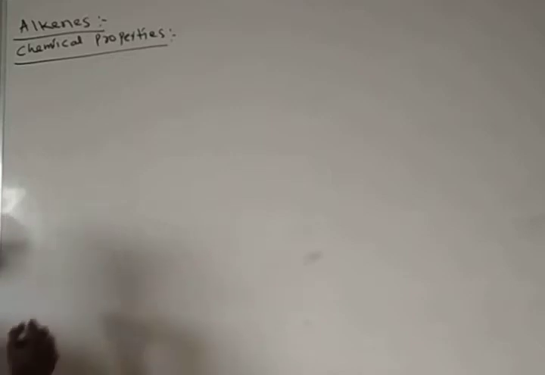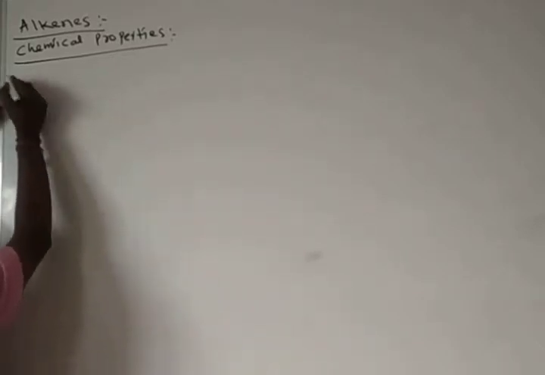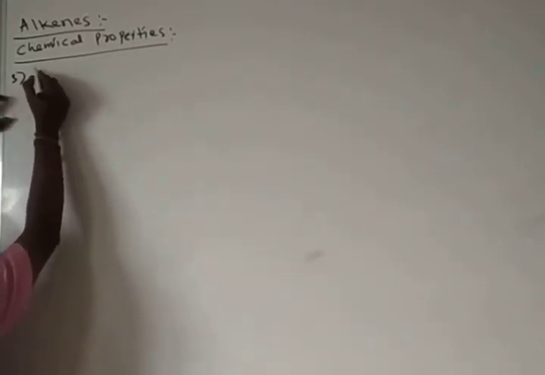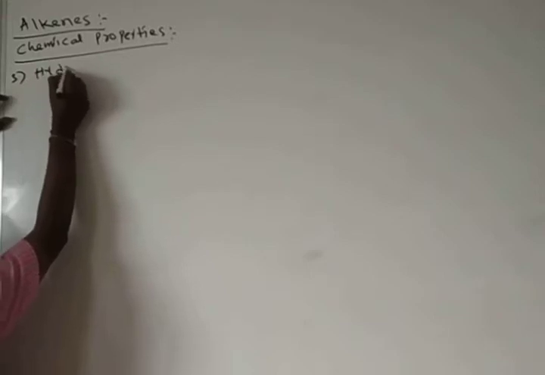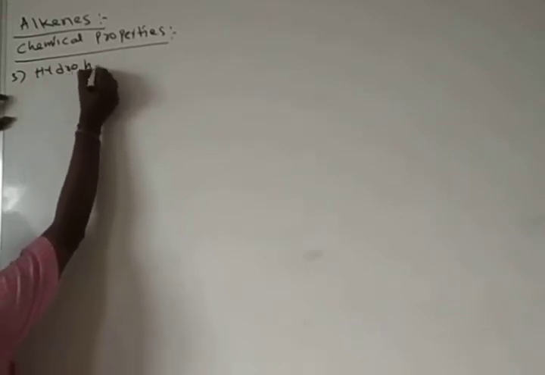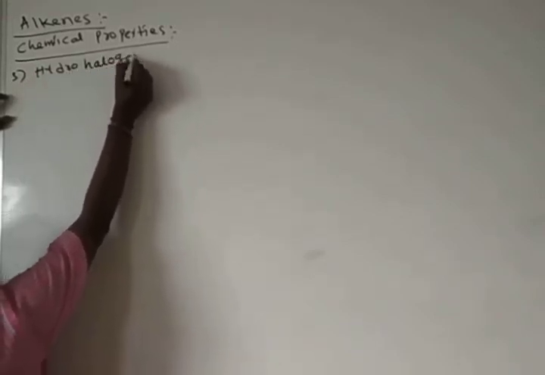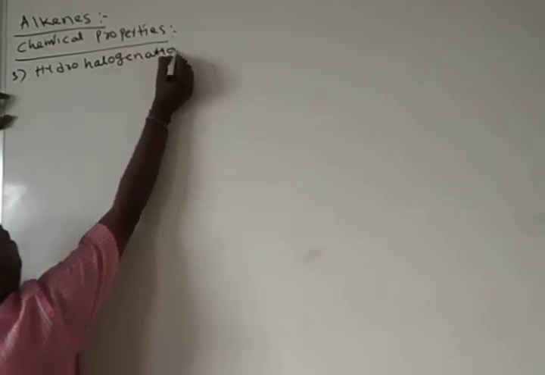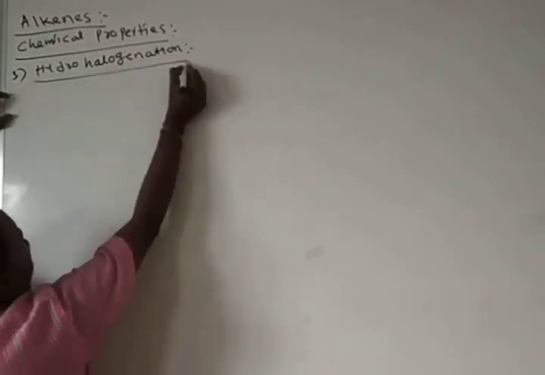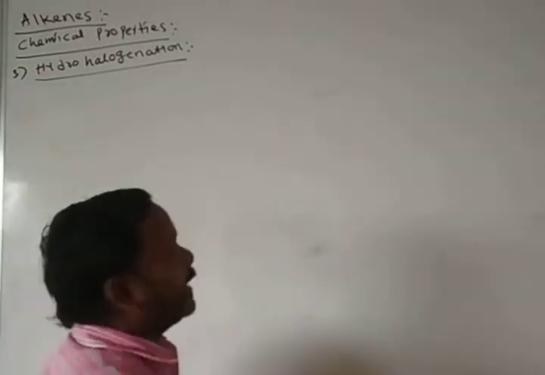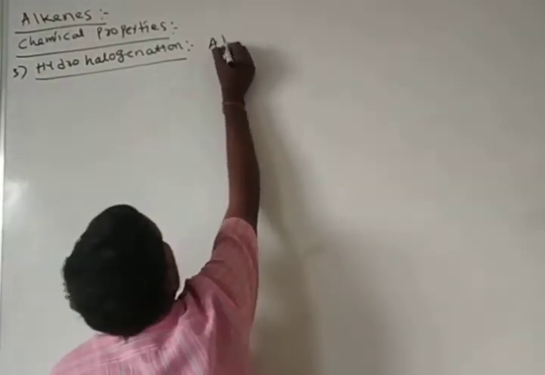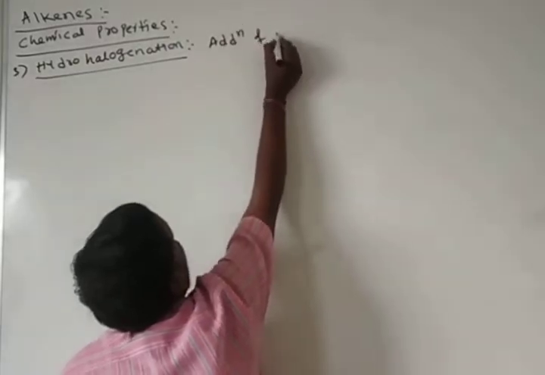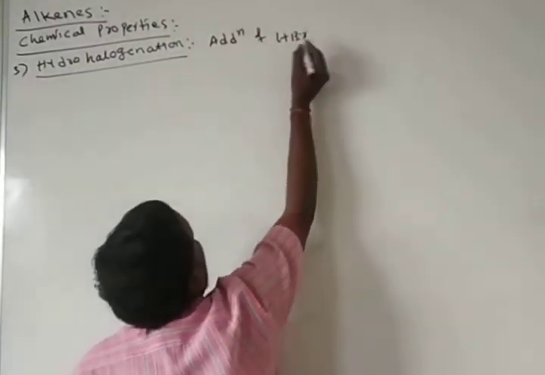Some more chemical properties. The third one is hydrohalogenation. Hydrohalogenation is nothing but addition of HBr or HI.